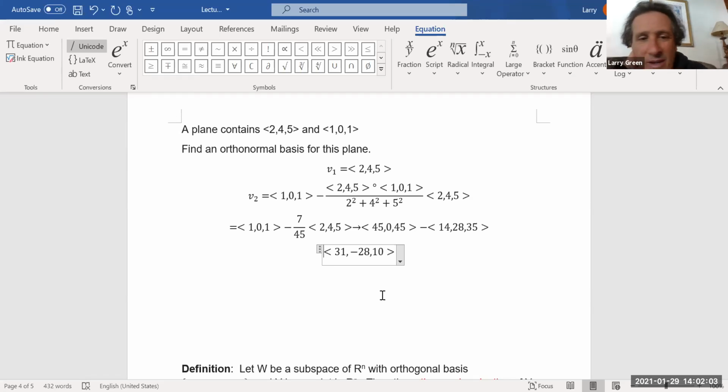Anyone see the arithmetic error? This is why I like using a computer instead of doing it by hand, because computers don't make arithmetic errors. But somewhere in here, there's got to be an arithmetic error because the dot product is supposed to be 0 when you're done, right?